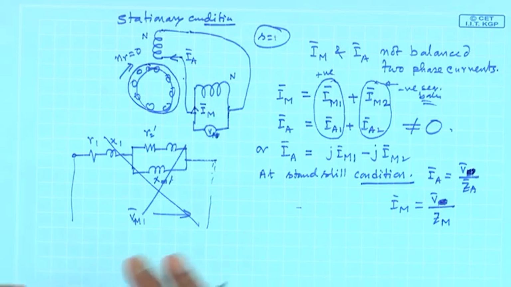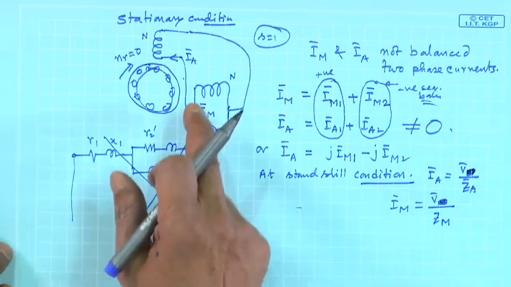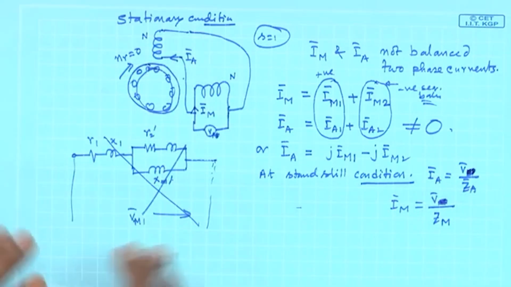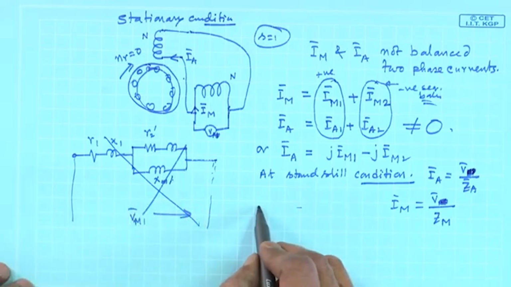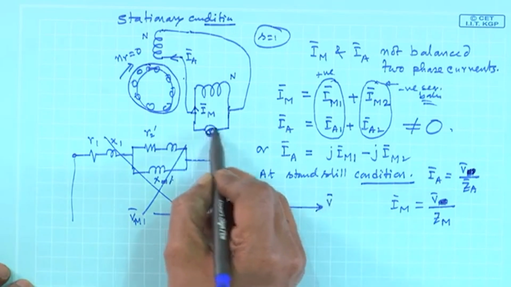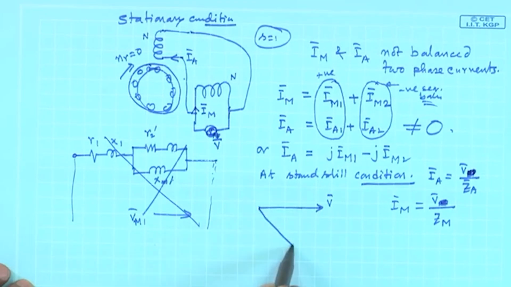What is needed we will see later, but I am now telling you that these two currents, I bar A and I bar M at S equal to 1, must have a phase angle difference between them. For example, suppose this is the supply voltage V bar, then this is the main winding current at S equal to 1.